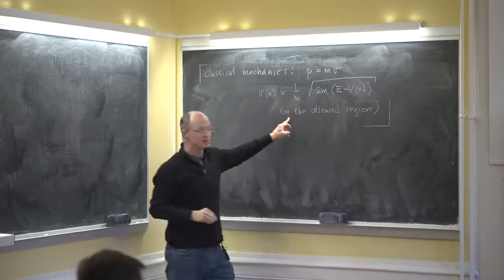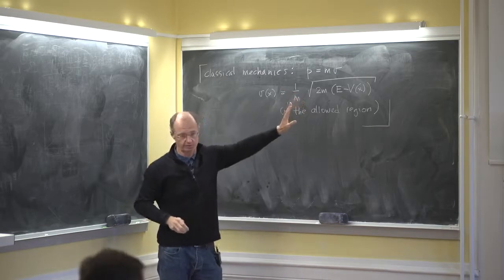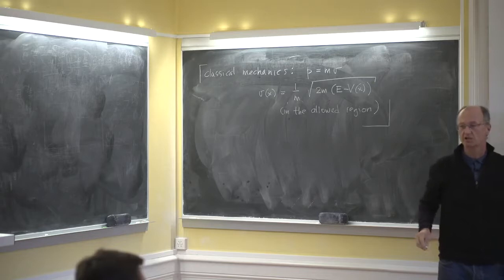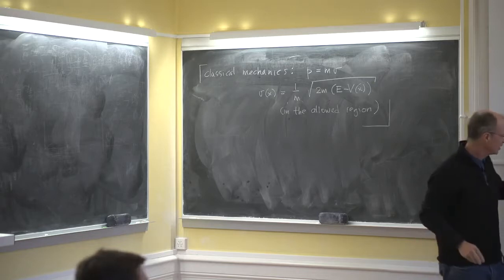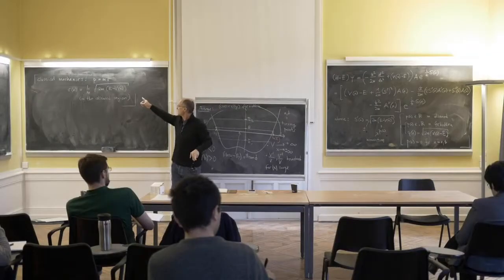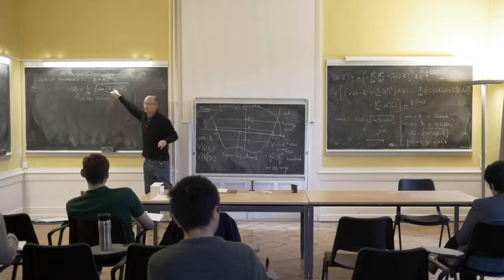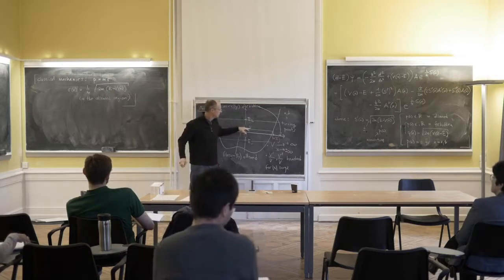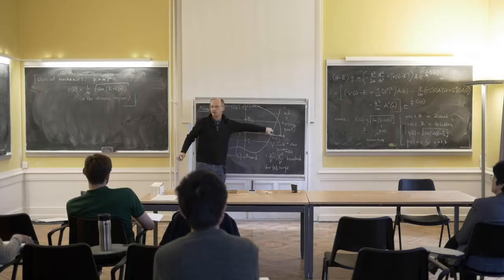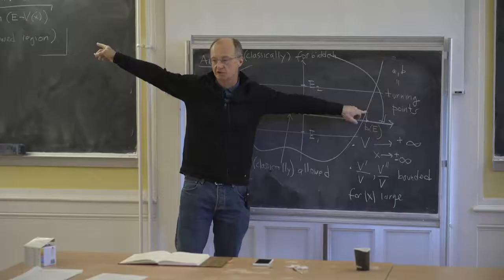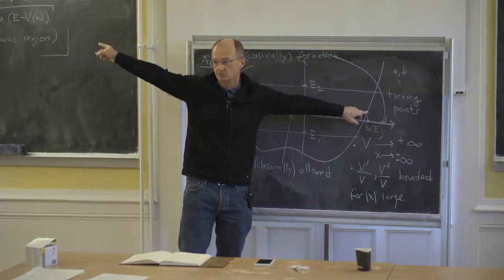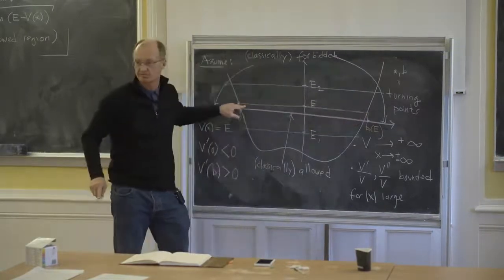So classical mechanics knows nothing about the forbidden region. The picture that classical mechanics people have is that the particle moves with that velocity v, and if we choose the positive branch of the square root, it moves from left to right, it runs to the turning point, at the turning point the velocity vanishes, and then you go to the other branch of the square root, and then it returns.